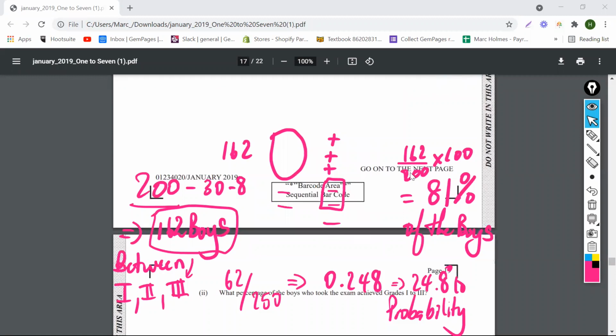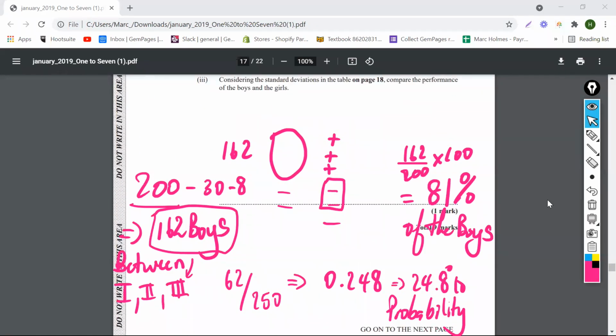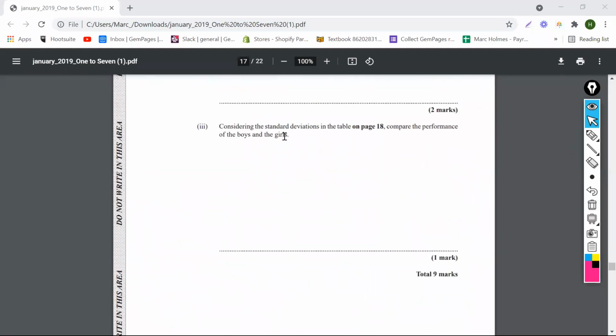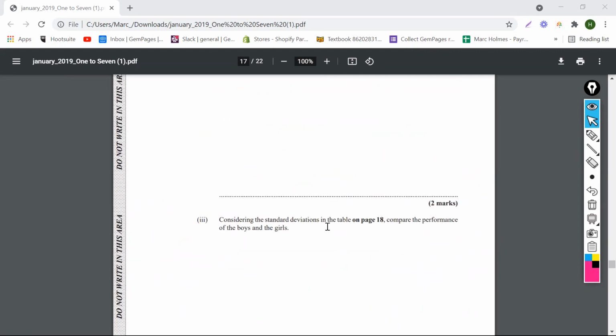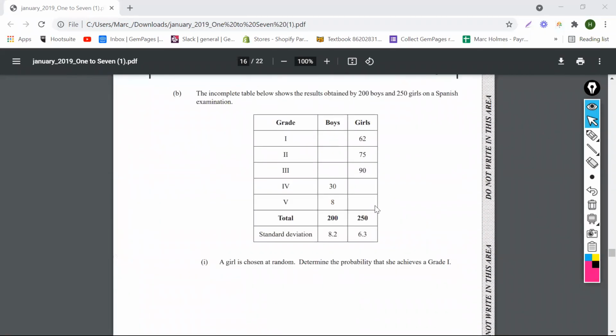So let's do the last thing now. On this, it says here, considering the standard deviations in the table on page 18, compare the performance of boys to girls. Wow, standard deviation, really? Standard deviation 8.2, 6.3.